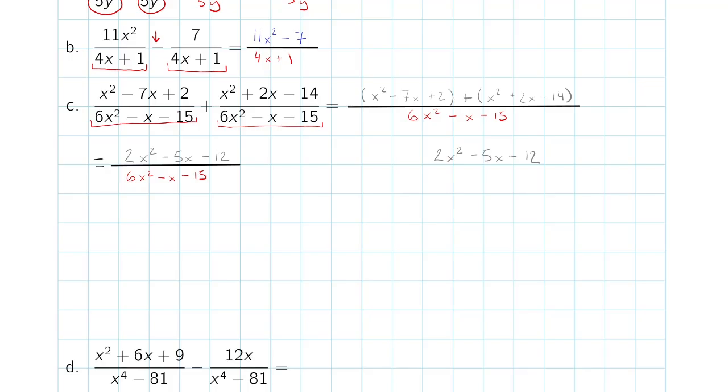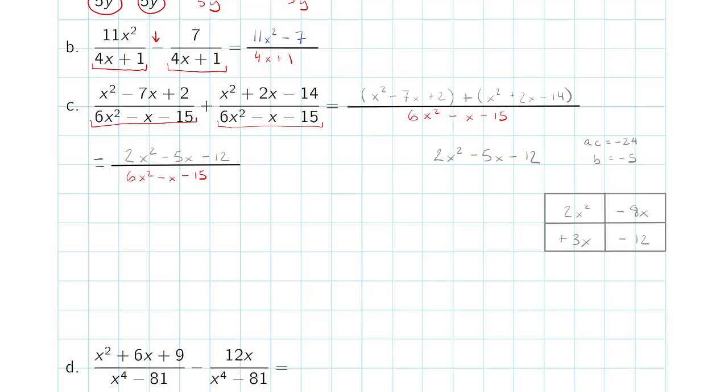We'll use the AC method. We have AC is negative 24, B is negative 5. So we'll keep our 2x squared and our negative 12. When we try to split up the middle term, we want two numbers that multiply to negative 24, add up to negative 5. I think we'll split that up as a negative 8x plus a positive 3x.